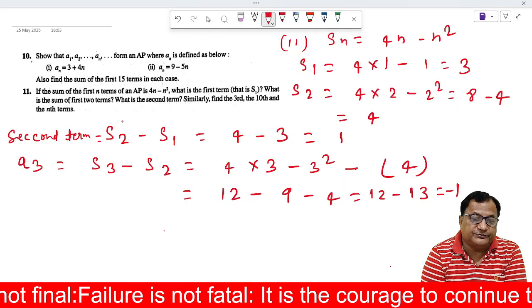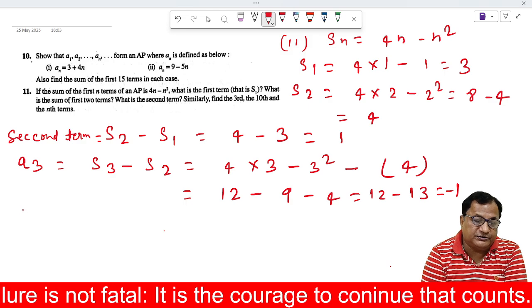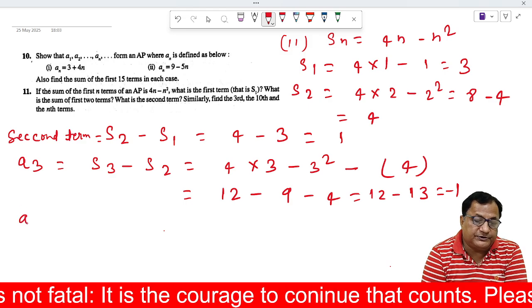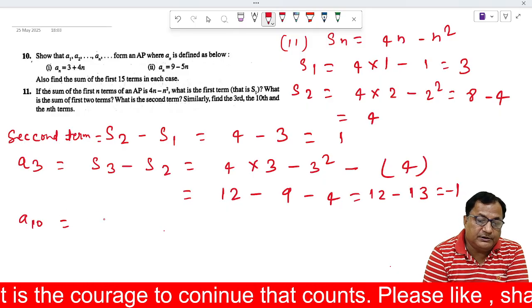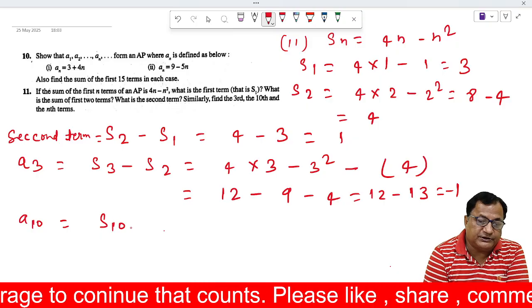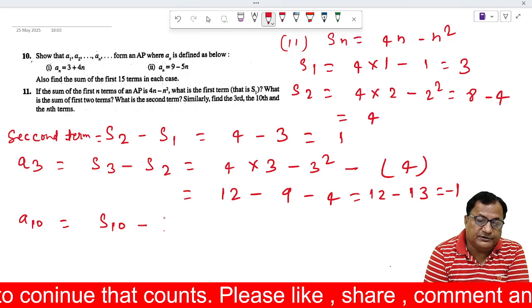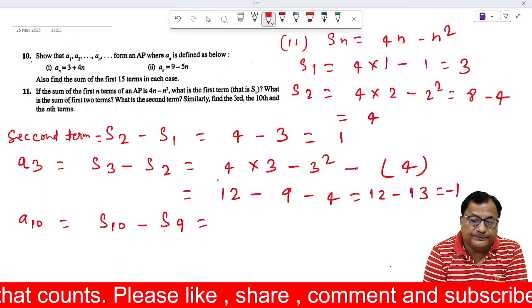Now we will find the 10th term. A10 is equal to S10, means the sum up to the 10th term, minus the sum up to the 9th term. That will give you a10.